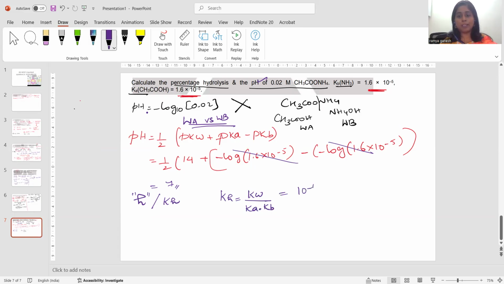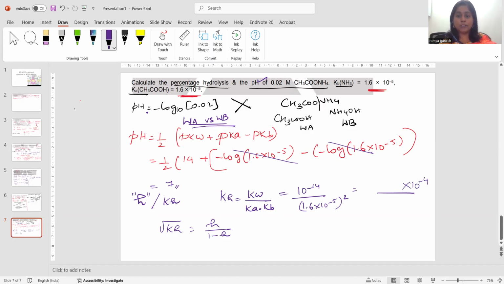So this is 10 power minus 14, divided by 1.6 into 10 power minus 5 whole square. From this we can calculate Kh. What about h? Square root of Kh is equal to h divided by 1 minus h for weak acid versus weak base. The Kh value will be something around 10 power minus 4.